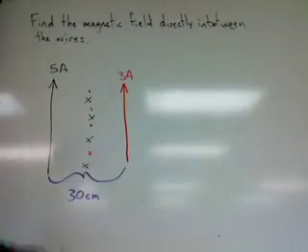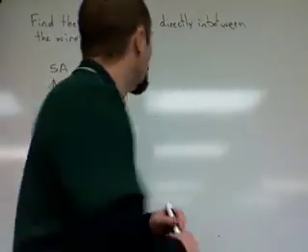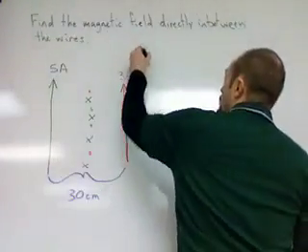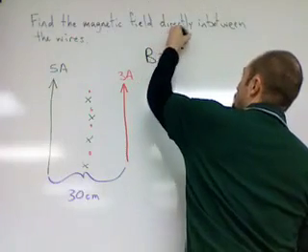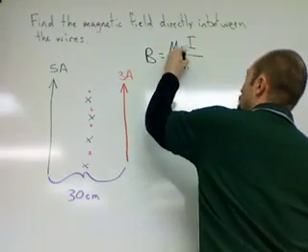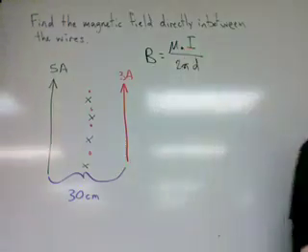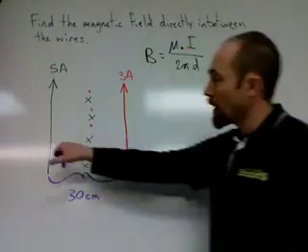I'm going to use one of my B field equations. The one that I need to use is for a long straight wire, that equation right there. I'm going to do the black wire first.